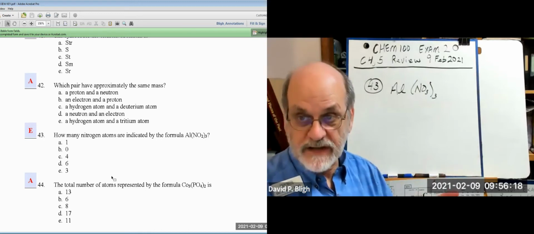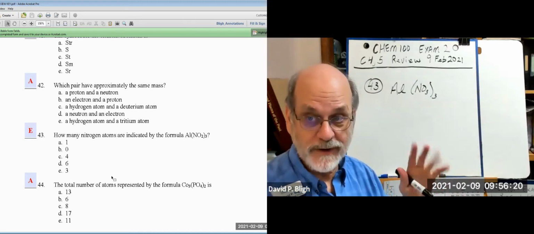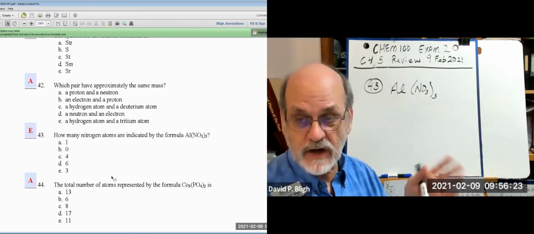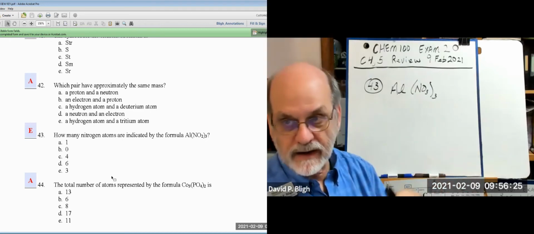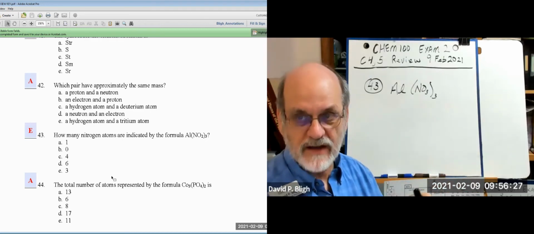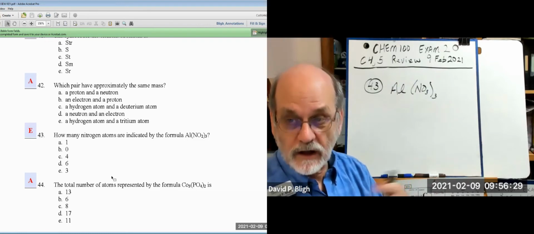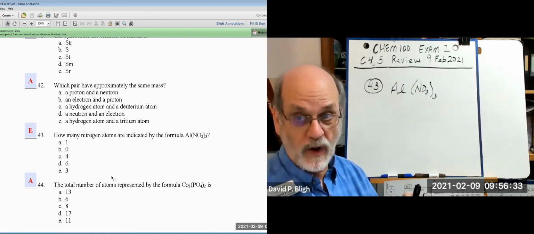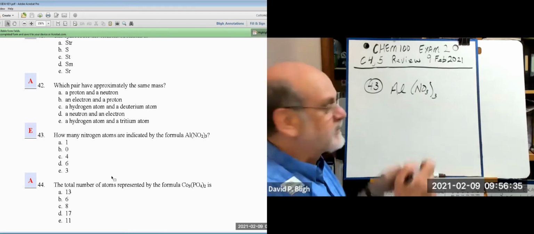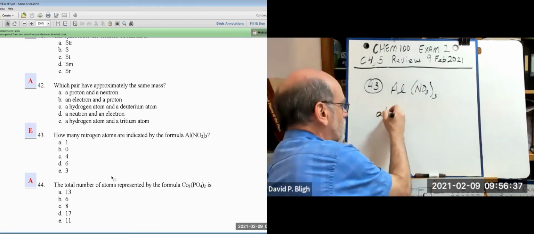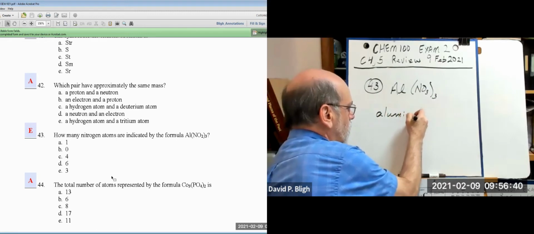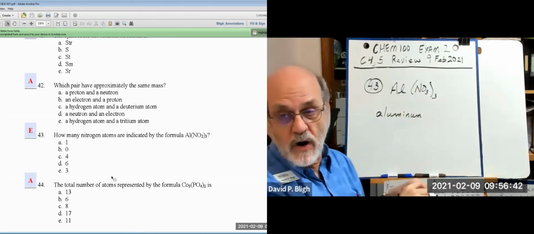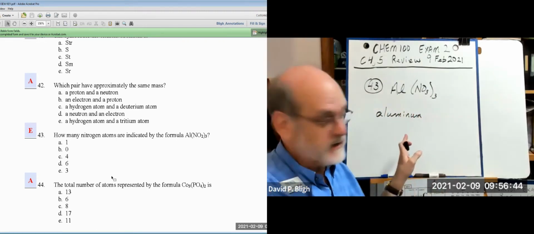Well, what type of compound is it? Type 1, 2, or 3? It's not a type 3 because you got a metal and a polyatomic ion. So it has to be a 1 or a 2. Well, aluminum, is it a fixed charge? Yeah, it's a fixed charge, so it's a type 1. That means you only have to name aluminum. You don't have to say what charge it is. We already know what the charge is.